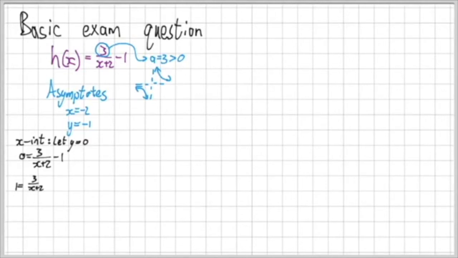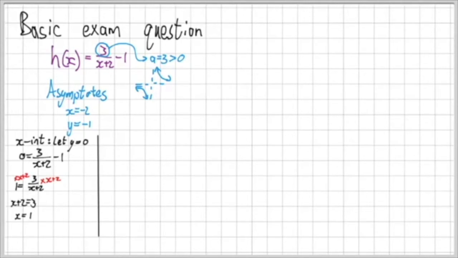Actually, I'm adding 1 on both sides, just for the guys that like to be really mathematically correct. Now I'm going to multiply straight through by the LCD, which is x plus 2. Which means I'm going to sit on the left with x plus 2 and on the right I'm left with 3. So my answer for my x-intercept is x equal to 1.